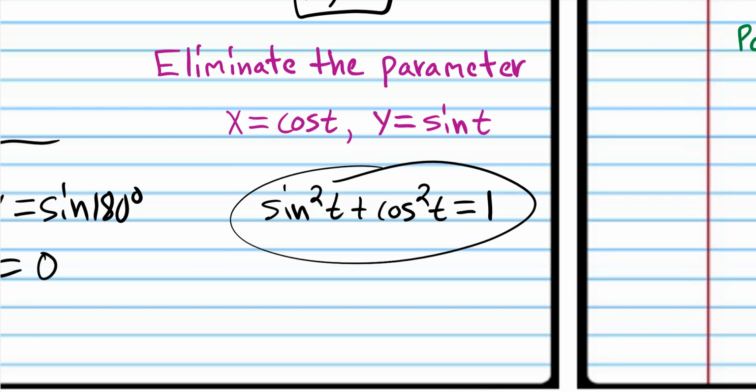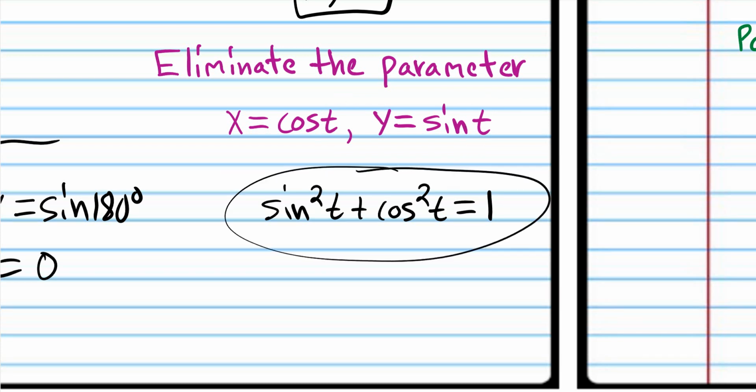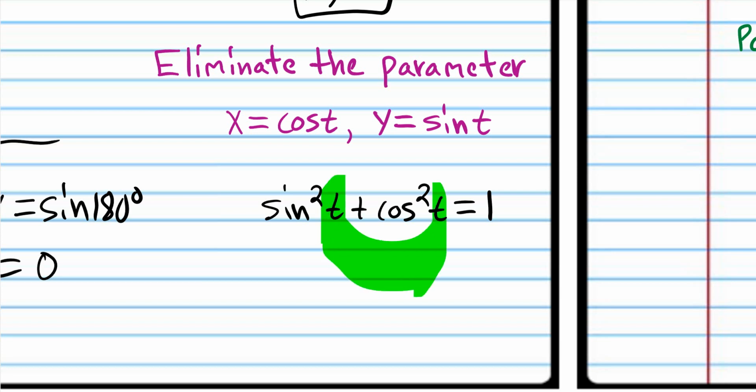So in this case, we have the same variable in both equations, so we can actually use the Pythagorean identity. I know that seems weird, but this is always true for the trigonometric functions cosine and sine, as long as those variables are the same. And they are in this case. They're both t.